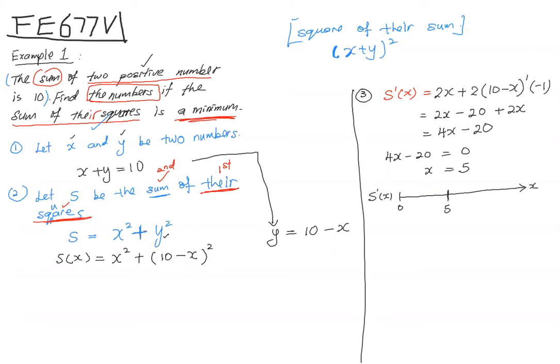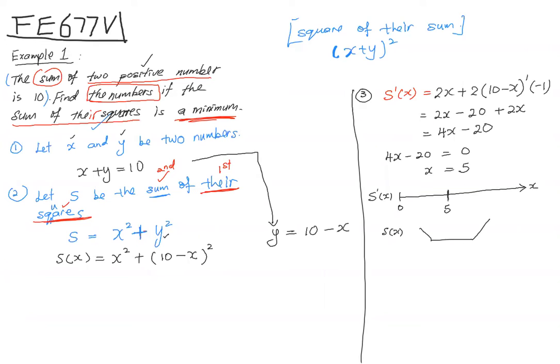So what sign must I put on the left-hand side of 5, since I know the question is asking for a minimum? The S graph, if it's a minimum, should go like that, correct? What sign must I put? I don't have to use calculator at all for this question.